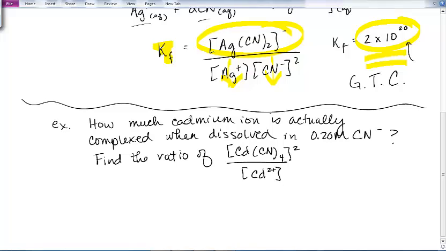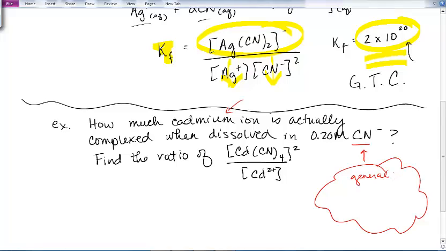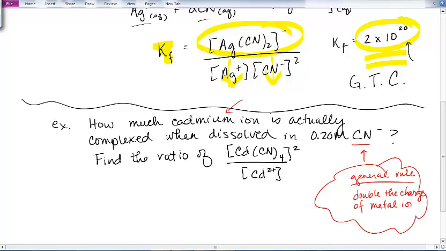Good rule of thumb, I know I mentioned it in one of the classes, but not necessarily both. This is an example, and sometimes the question is, well, how do I know how many ligands are going to attach to my ion? One of the things I said is a general rule, but you'll see that it doesn't obey it in this case, that's why I'm bringing it up, is that a general rule is if you are not told, you could double the charge of the metal ion to determine the number of ligands.